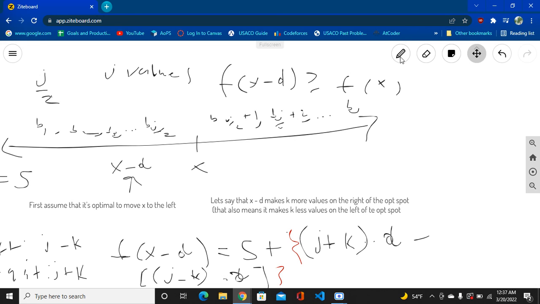And we can also do the same thing if we said the optimal spot was x plus d. It would literally just be the same thing.